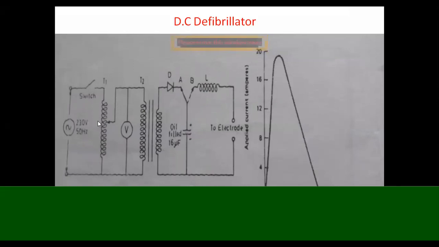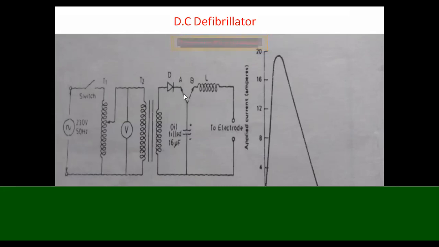The voltage which is applied to the electrode will first be measured by this voltmeter. Okay, and after that it will be applied to the step down transformer. The voltage will be applied to the diode, and in the forward bias direction this diode acts as a short circuit, and the current will flow through this capacitor, and due to that the capacitor will be charged.